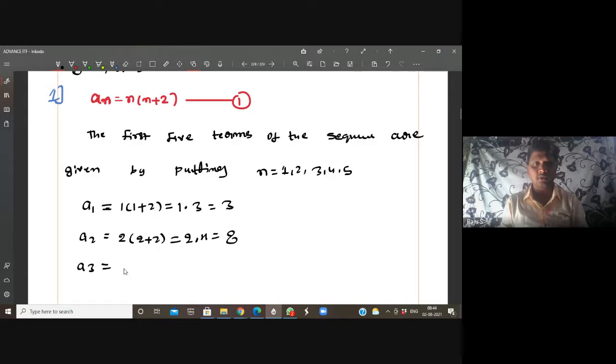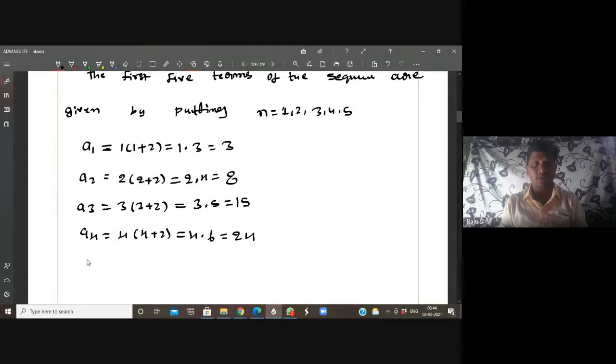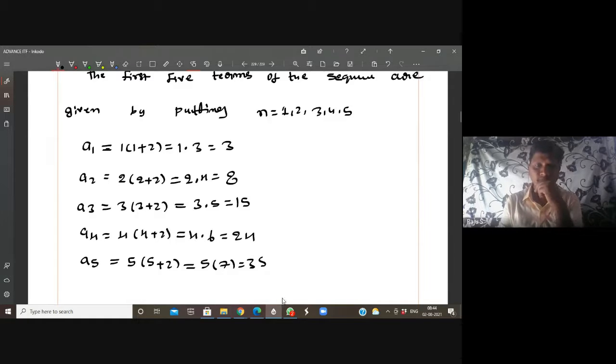A3 is 3 into 3 plus 2, that is 3 into 5, 15. A4: 4 into 4 plus 2, 4 into 6, 24. A5: 5 into 5 plus 2, 5 into 7, 35. Clear, students?